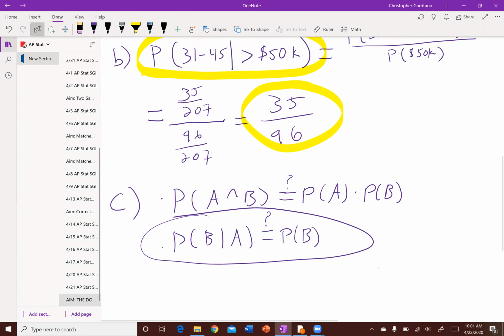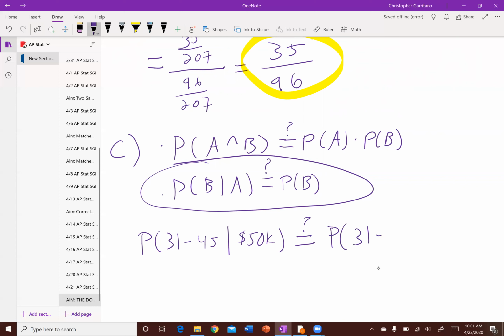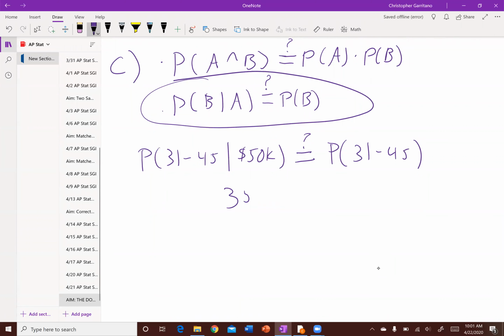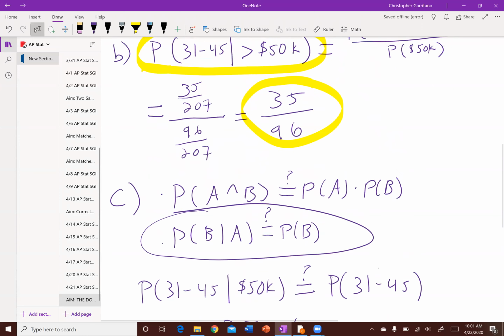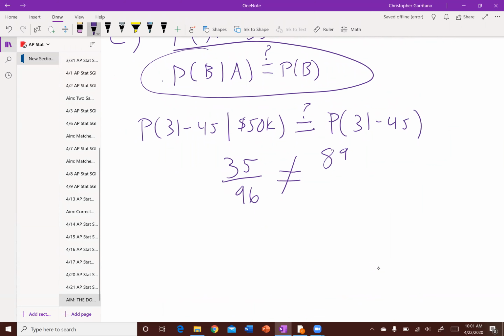So the question we will ask is, the probability of 31 to 45 given 50K, is that equal to, so I put a question mark here. I'm not saying it is equal to yet, I'm asking, is it equal to the probability of 31 to 45? Well, using our results, part B says that the left probability is 35 over 96, and that indeed is not equal to the probability from part A, which is 89 over 207.